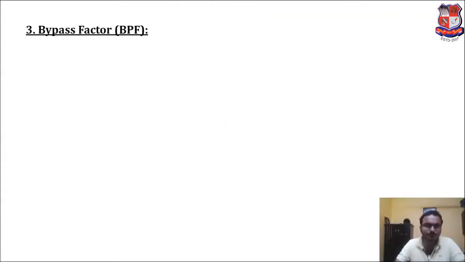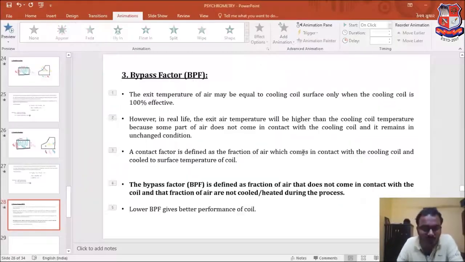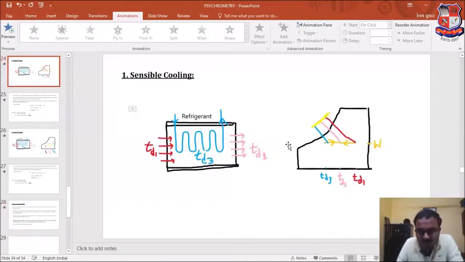Now bypass factor. Bypass factor is a very important part of the performance of our cooling or heating process. The effective temperature of air may be equal to the cooling coil surface temperature only when the cooling coil is 100% effective. So ideally in the cooling process, TD2 should be equal to TD3.